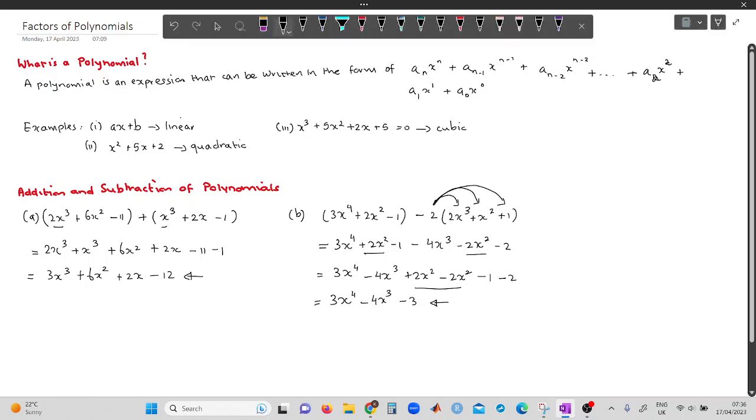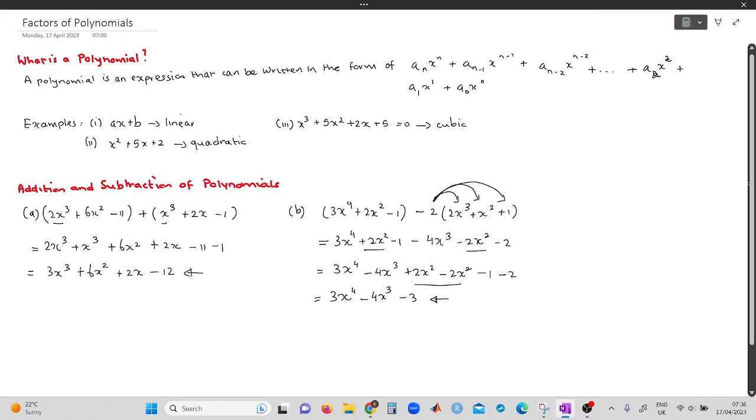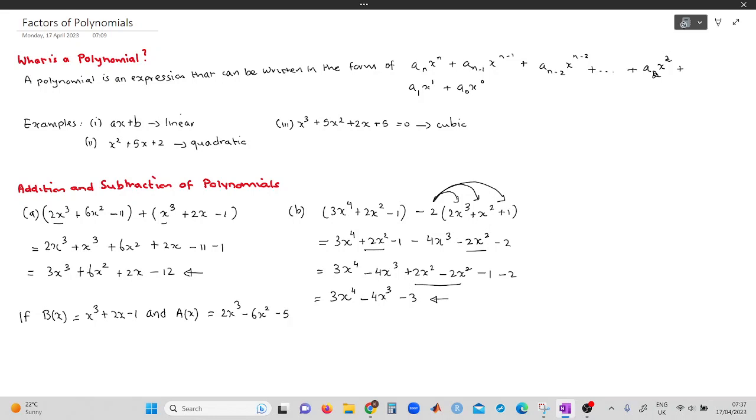Next, we will look at another question together. So, if b(x) equals x cubed plus 2x minus 1 and a(x) equals 2x cubed minus 6x squared minus 5, we are asked to find a(x) times b(x).